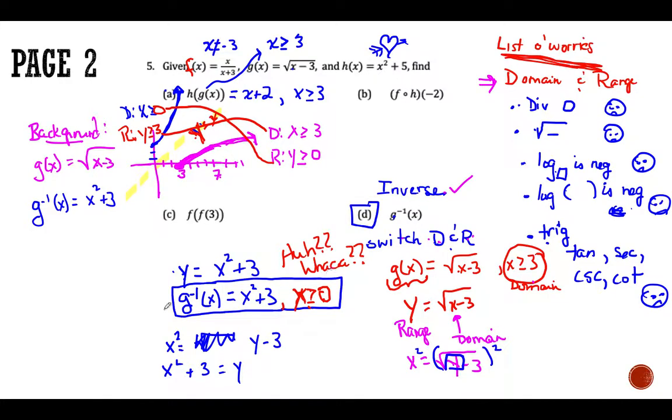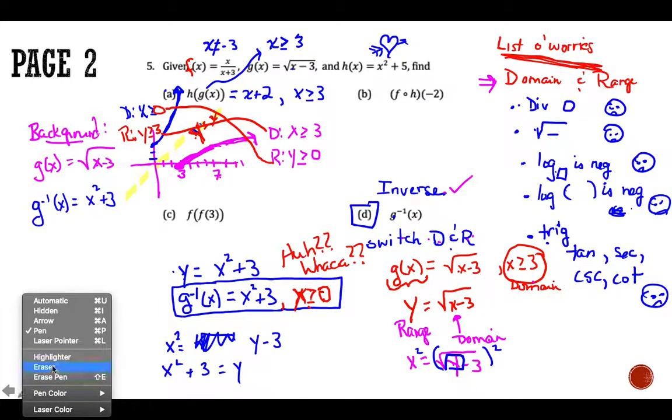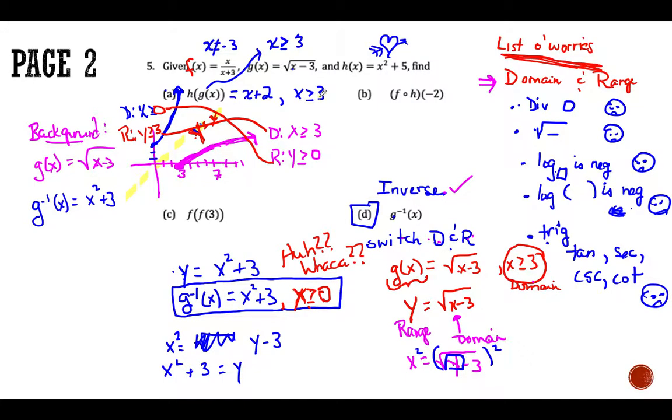Now, I don't want to freak you out. This extra domain piece to the composition problem and this extra domain piece to the inverse problem is icing on the cake. It's important. It will trip you up if you don't remember it sometimes, but it is way more important on your list of worries to know how to do a composition and how to find domain and range.